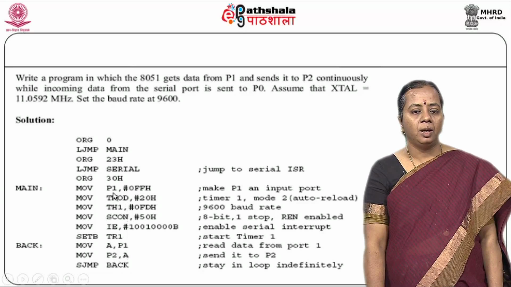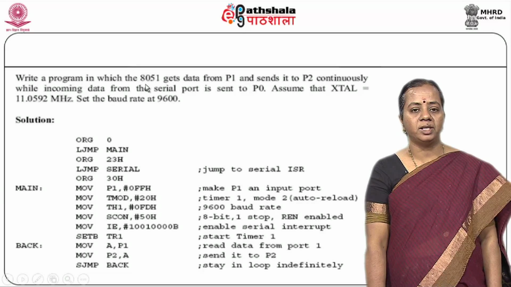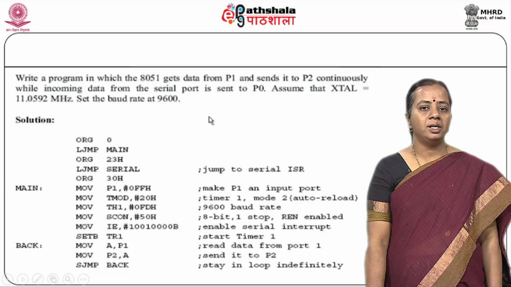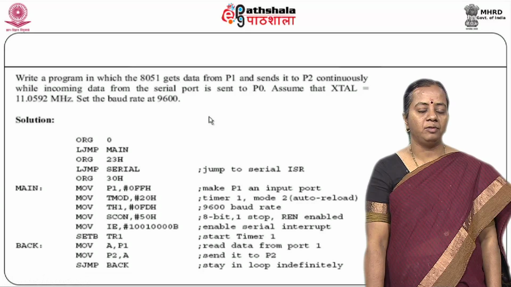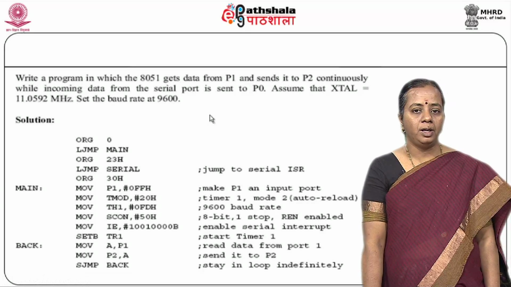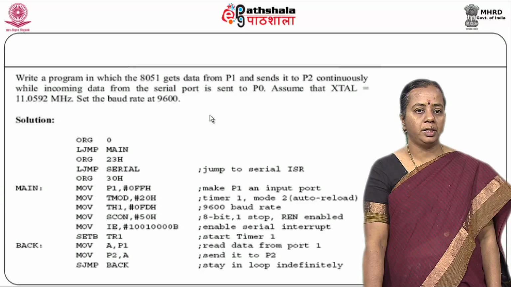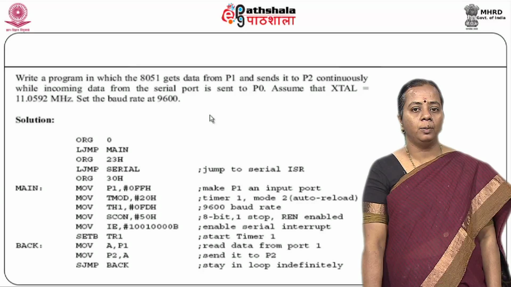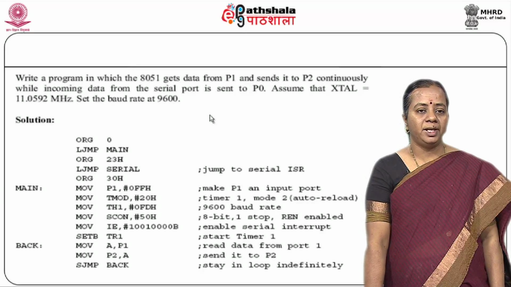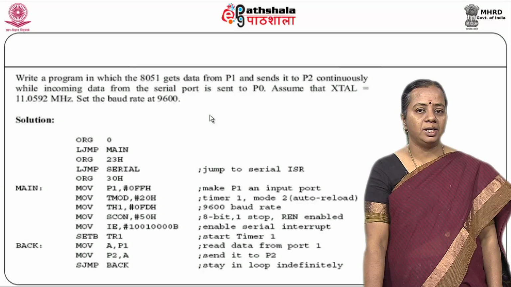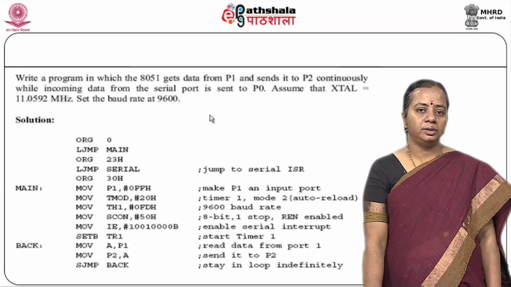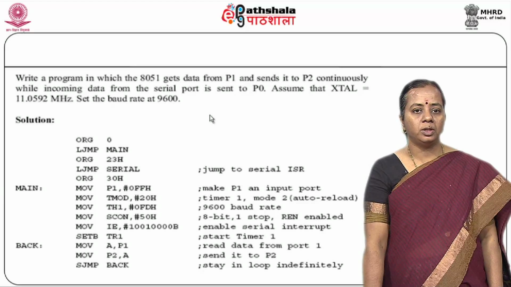Here we have a program in which the 8051 gets data from port 1 and sends it to P2 continuously, while the incoming data from the serial port is sent to P0. So, whatever data I read from the serial port is sent to P0, and the parallel data read from P1 is sent to P2. That is the code we wanted to write.